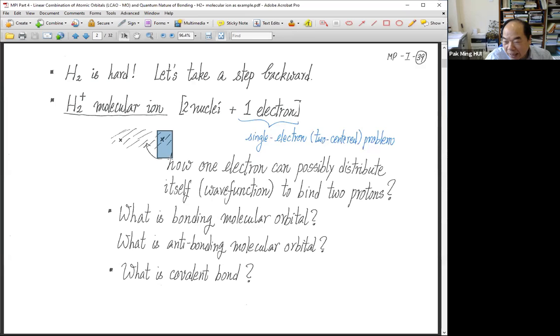Or you bias this side in the same way? Or you are so clever that you could, there's a wave function, okay? You're going to spread yourself skillfully so that one electron, you can bind two things. You can bind two centers. If that is possible, how?